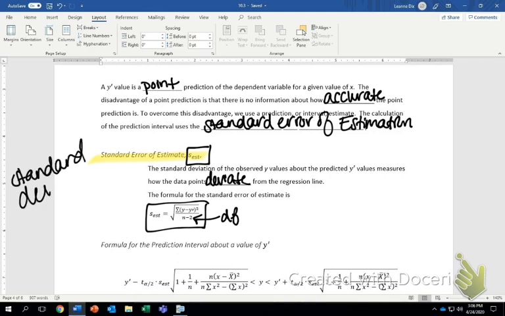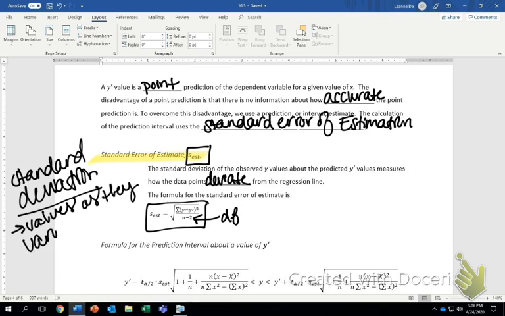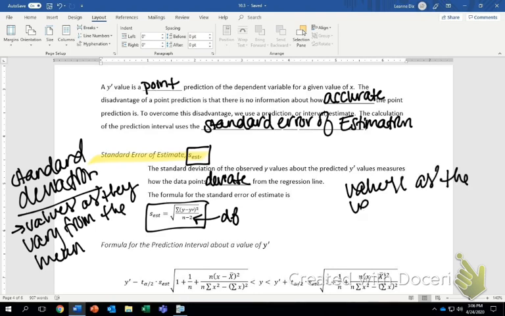deviation, okay? But the thing about the standard deviation is that it looks at the values as they vary from the mean, whether it be the sample mean or our estimate or our population mean. But with our standard error of estimates, this is no longer about the values varying from the mean, but this is about our values as they vary from the regression line.